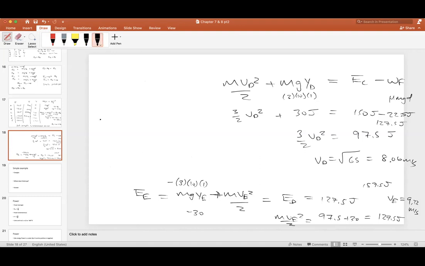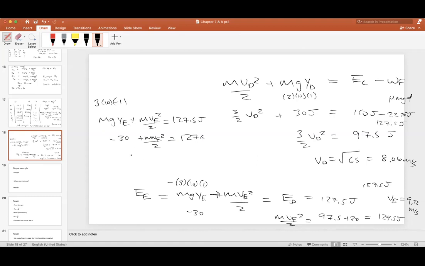So the energy at E is mgyE plus mvE squared over 2 is equal to 127.5 joules. Okay, we know that this is 3 times 10 times minus 1, so that's minus 30, plus mvE squared over 2 is equal to 127.5.